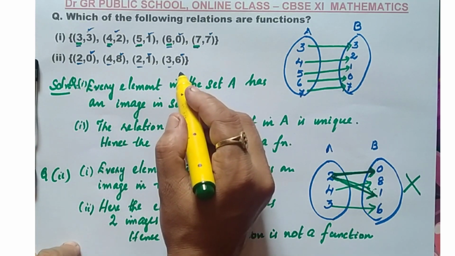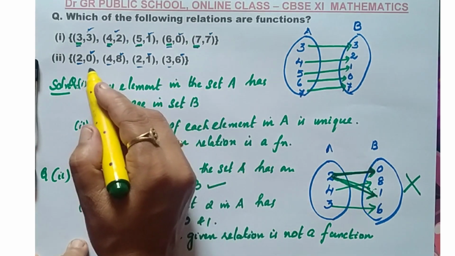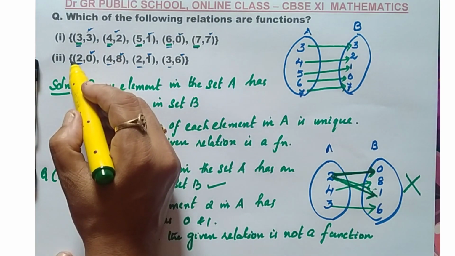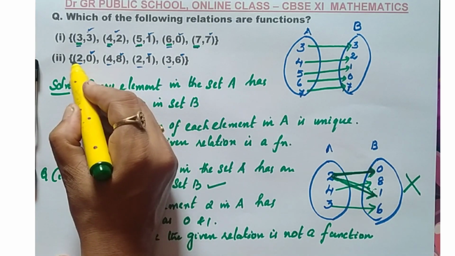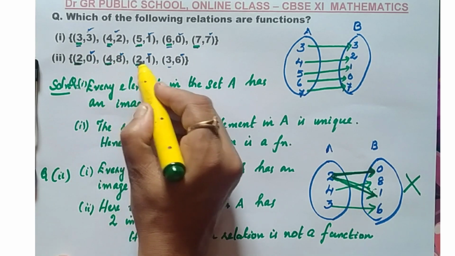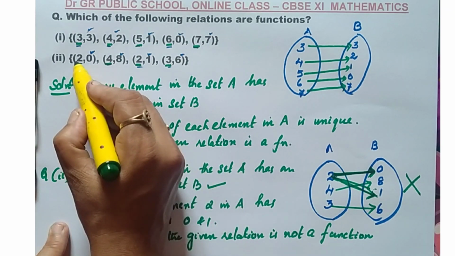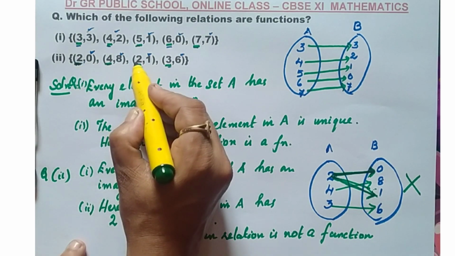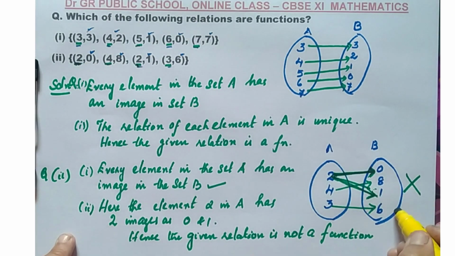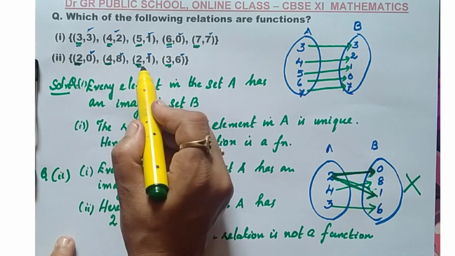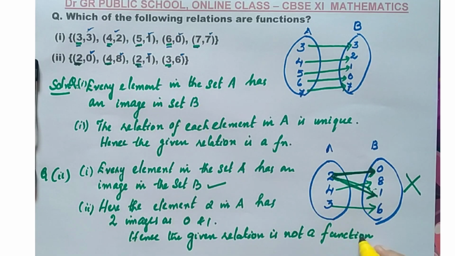From the relation itself, from the ordered pairs or from the Cartesian product itself, you get a clear idea that in the second question the first element in each ordered pair is not different. The element 2 repeats in two ordered pairs. Hence, the given relation is not a function. When two ordered pairs have the same x element, definitely the given relation is not a function.